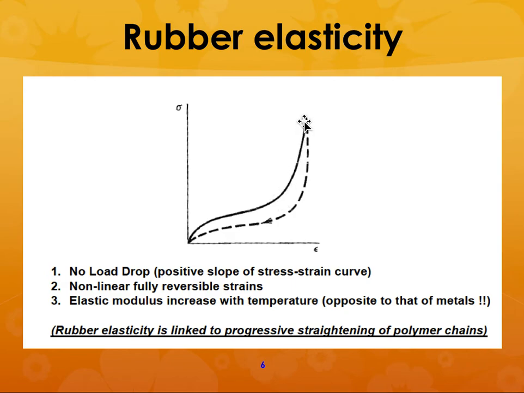But if you release that load, it is going to release in this manner, and it is a non-linear, fully reversible strain. But elastic modulus actually increases with temperature, which is opposite to that of metals, especially because when you heat it up, it becomes more crystalline, so it becomes more brittle and therefore has a higher elastic modulus.